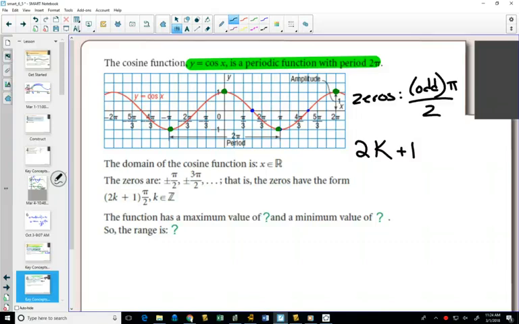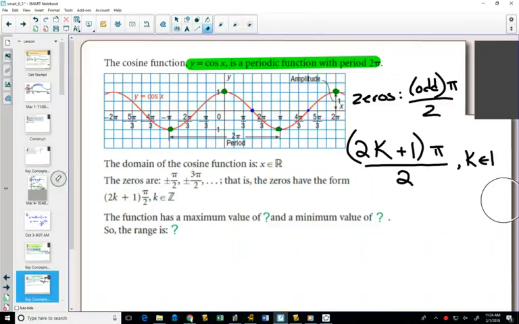So if I want to write odd numbers times pi over 2, this will be (2k + 1) times pi, all divided by 2. And again, k can be any integer. This is one way that you could write all the zeros of cosine.